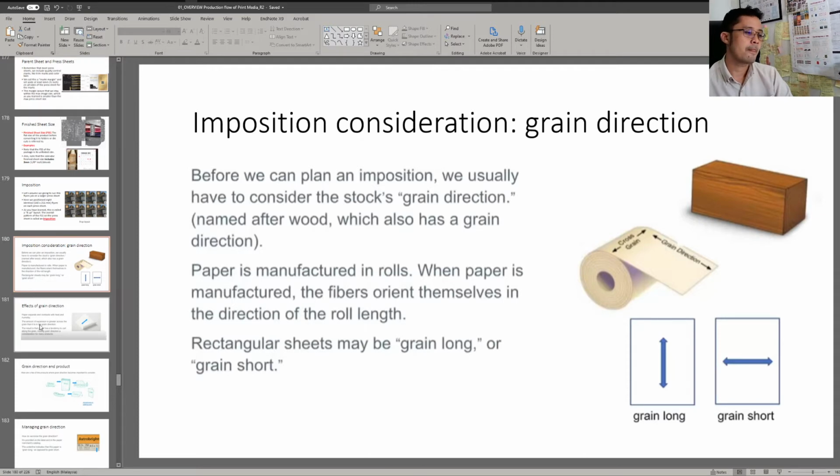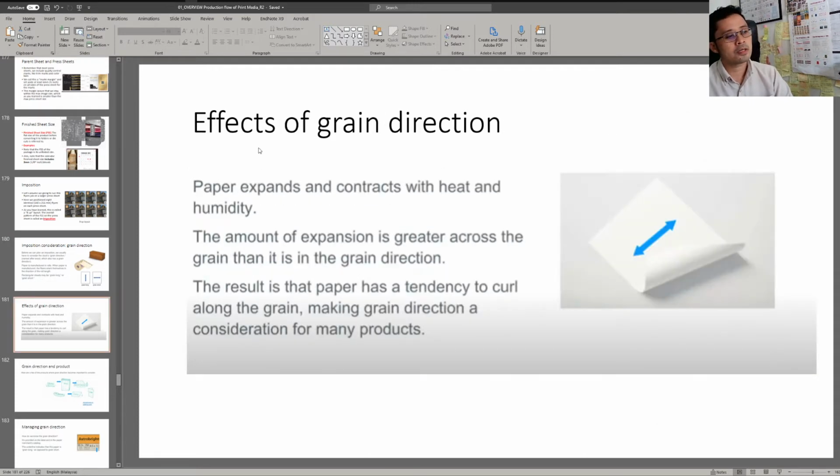Okay. Now, why do we need to consider? Because there is an effect. Ada kesan dia, grain direction ni. This is called direction. Paper expands and contracts with heat and humidity. Paper ni, kertas ni, dia bertindak balas. Dia mengembang, mengecut.